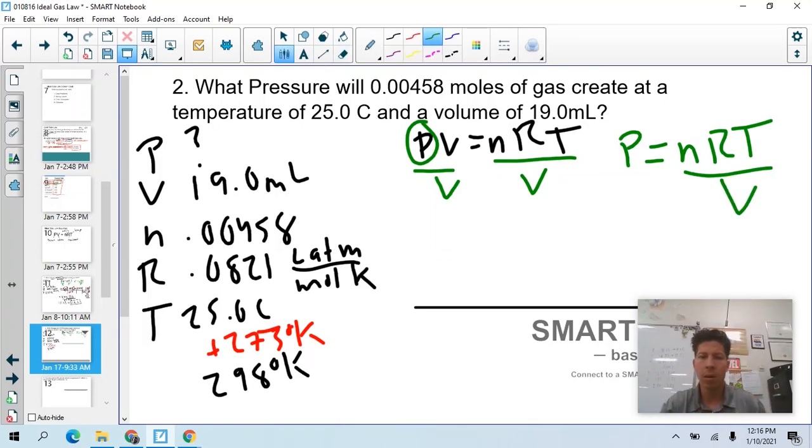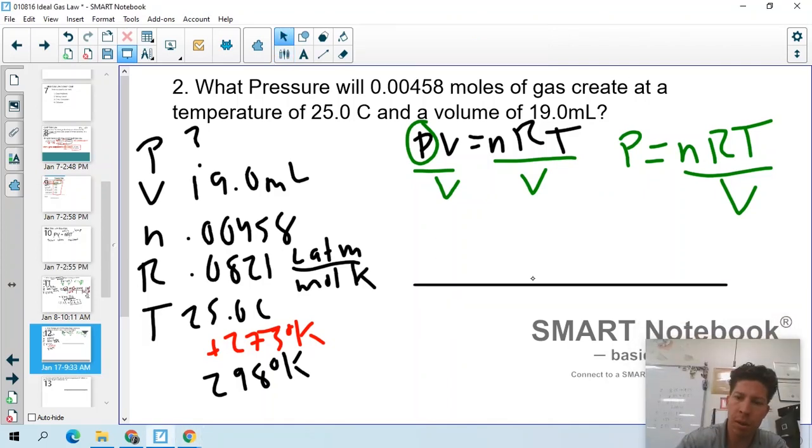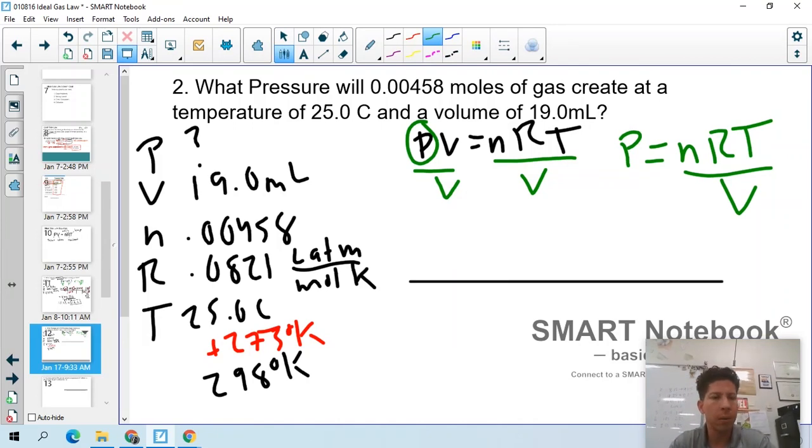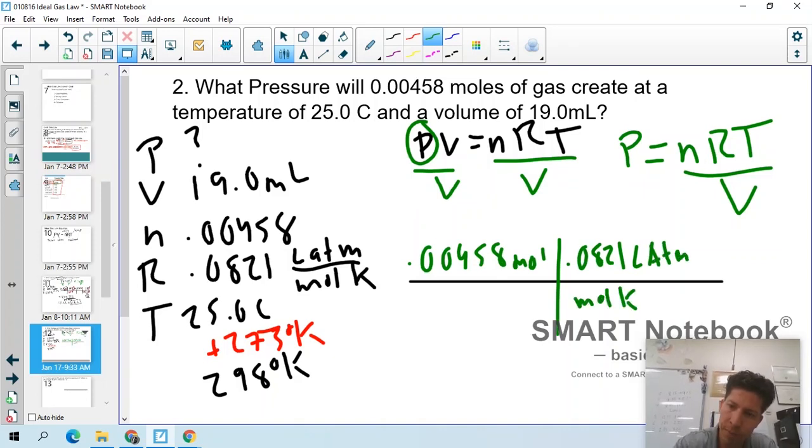Let's go ahead and solve that. Move this up here out of the way. All right, guys. n is 0.00458. That's moles, right? Remember, keep the units. R is 0.0821 liters atm over moles Kelvin. T is 298.